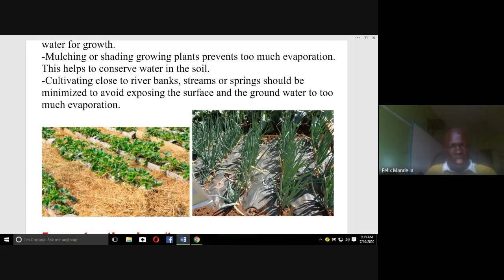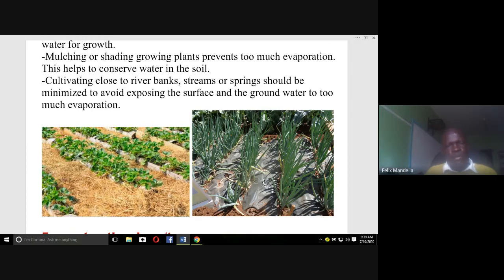So mulching can be used to prevent or to control weeds. It prevents or controls weeds by scorching the weeds, whereby the sunlight cannot reach them. Remember, all crops need sunlight for growth, especially green plants. So that is one advantage of mulching: it helps to control weeds.